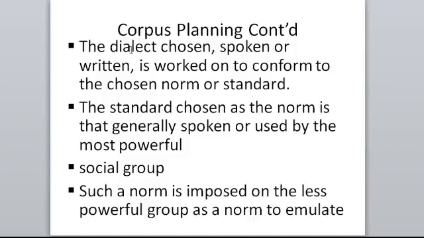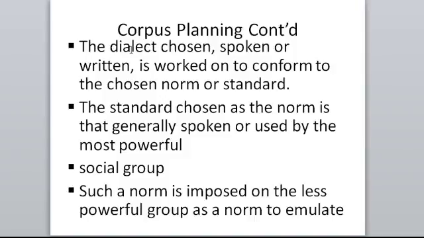The standard chosen as the norm is that generally spoken or used by the most powerful. That means the norm becomes a form that is specially chosen so that it represents the most powerful people who make decisions.